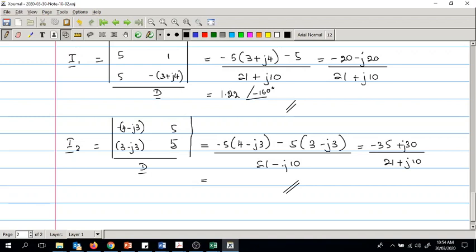So it's minus 35 plus 30i divided by 21 plus 10i.